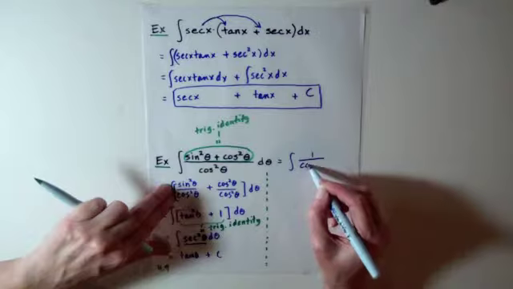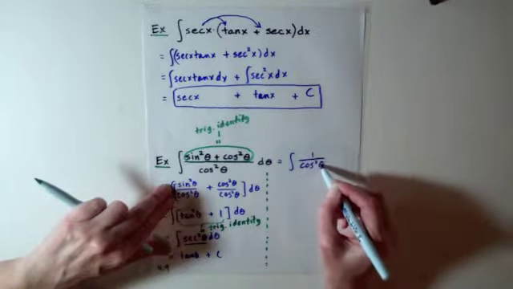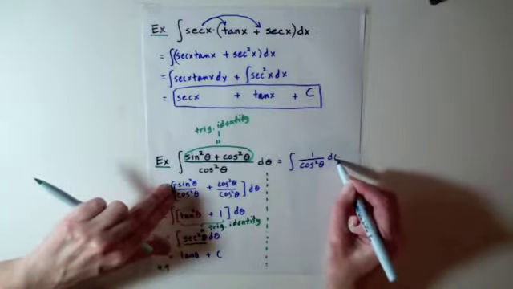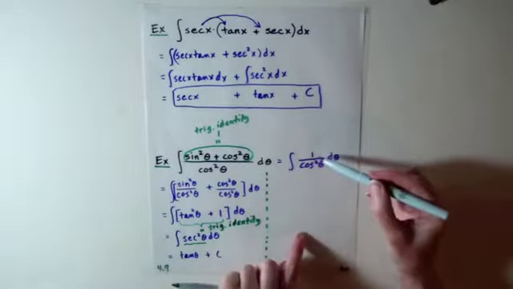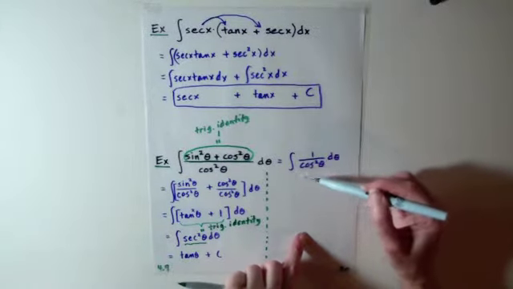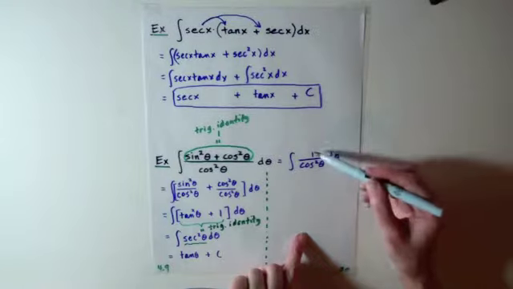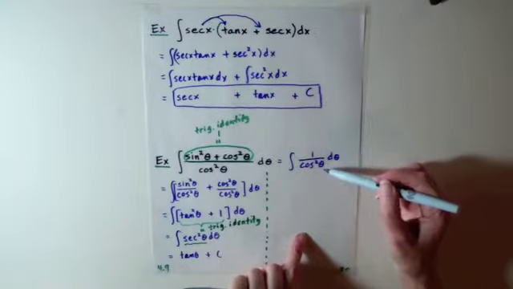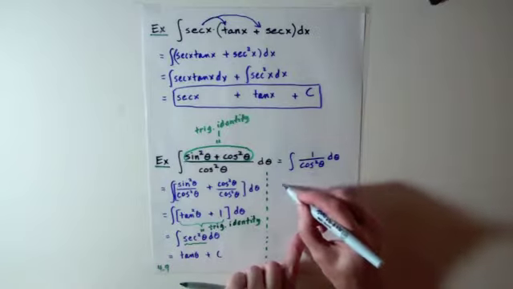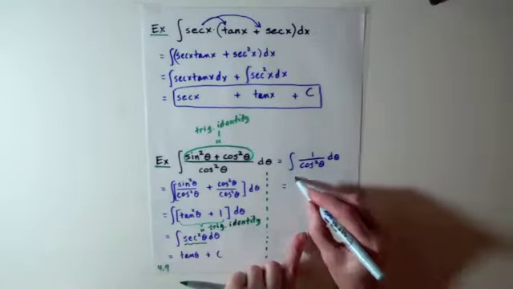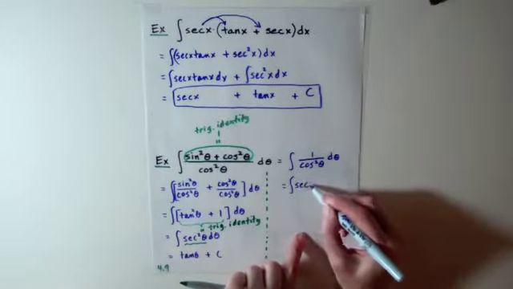And then I have that divided by cosine squared theta, d theta. I'm still a little bit stuck because I have no way initially to integrate 1 over cosine squared theta either. But how could 1 over cosine squared theta be rewritten? That could be rewritten as secant squared theta.